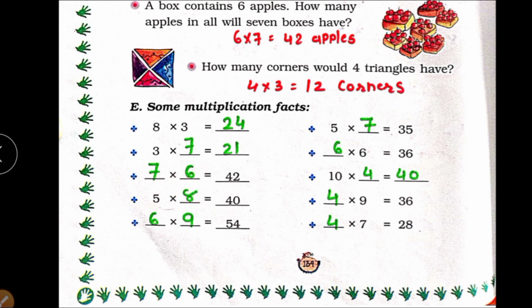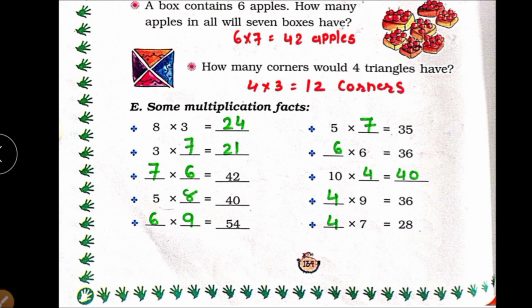Now next. 5 multiply dash equal to 40. Okay, so in 5's table we know that when 5 is multiplied by 8, the answer is 40. So 5 8s are 40. Now next 54.